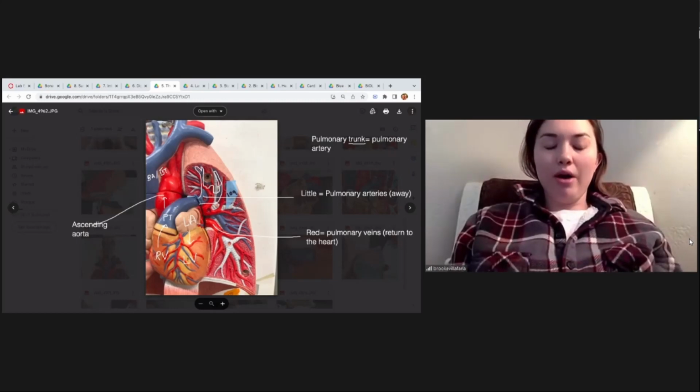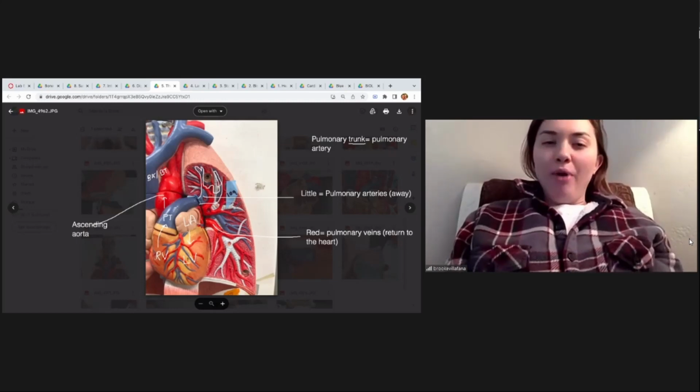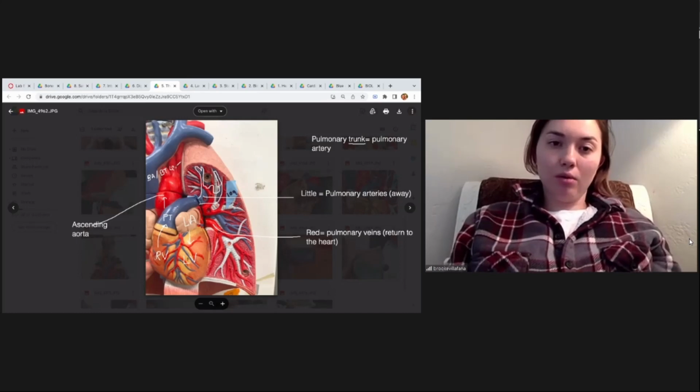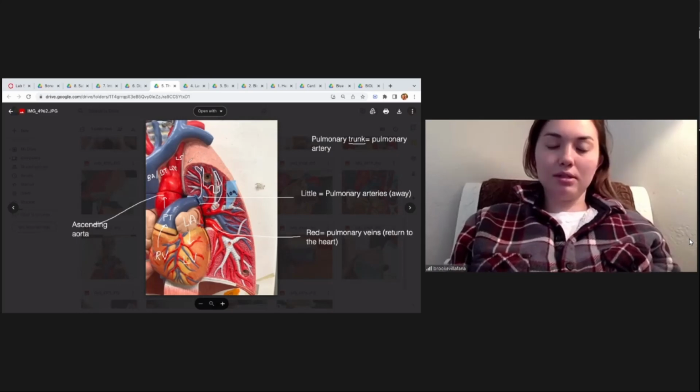So pulmonary artery, pulmonary trunk, brachiocephalic artery, brachiocephalic trunk. And then we know that the next one is the left common carotid, and then the left subclavian. I always remember it as the S is at the end of the alphabet and the C is closer to the middle. These also go alphabetically, right? B and then C and then S.